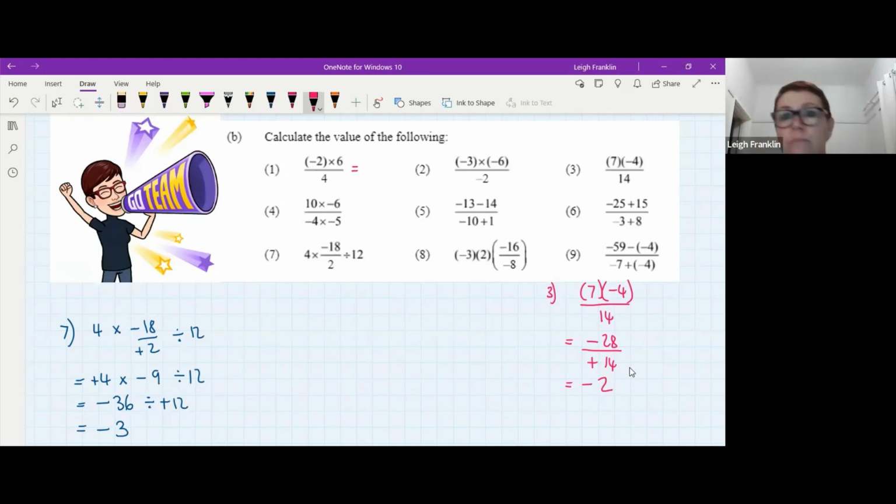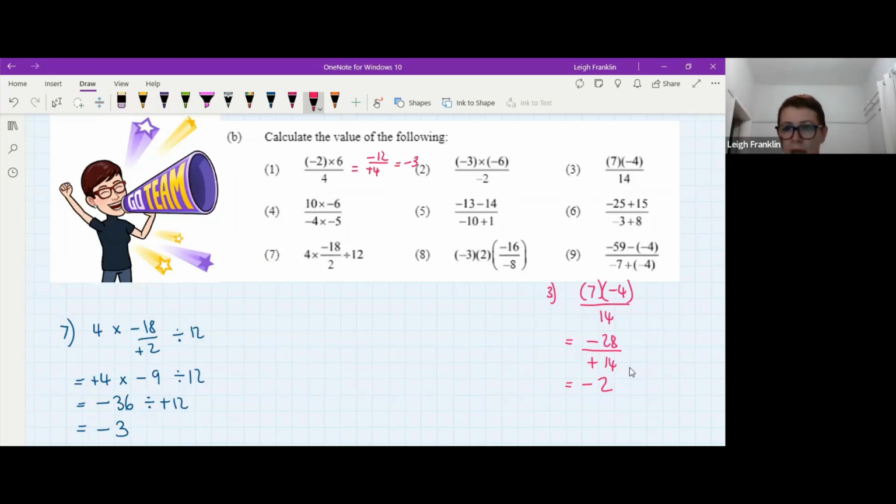Ma'am, 12. Not positive 12 or negative 12? Oh, -12. And now you're going to take -12 and divide it by positive 4. So a negative divided by a positive is a? Oh, it's -3. Exactly. There we go. Perfect. You did it. Thank you, ma'am. Okay, well done. 100%.